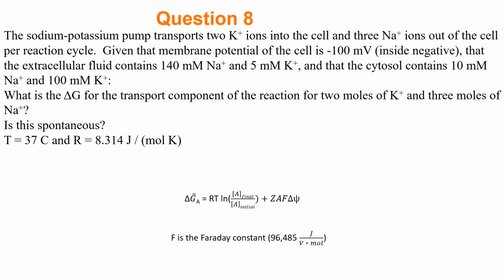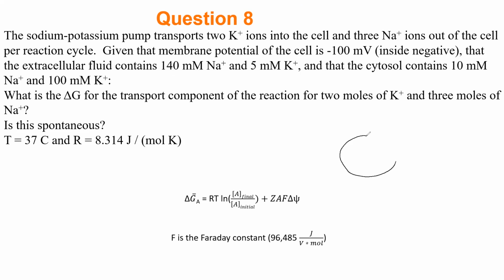So, the sodium potassium pump, and I'm a big fan of drawing pictures when it comes to word problems. So let's draw out a picture here. The sodium potassium pump transports 2 potassiums into the cell and 3 sodiums out of the cell.